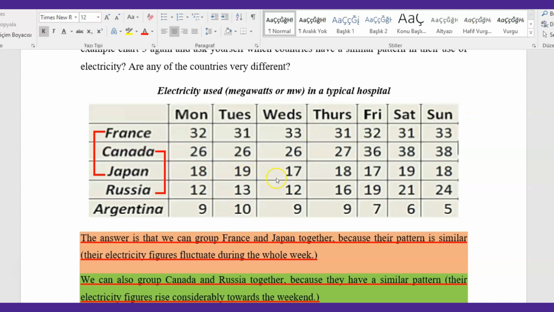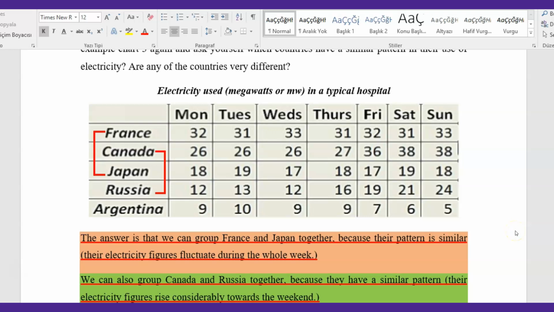Japan 18, 19, 17, 18, 19 fluctuated again. Canada 26, 27, we see an increasing pattern. In Russia we also see an increasing pattern, and in Argentina 9, 10, 9, 7, 6, 5 a decreasing pattern.